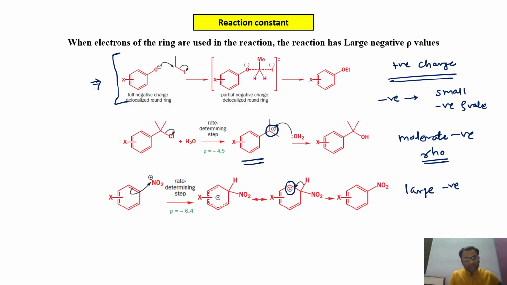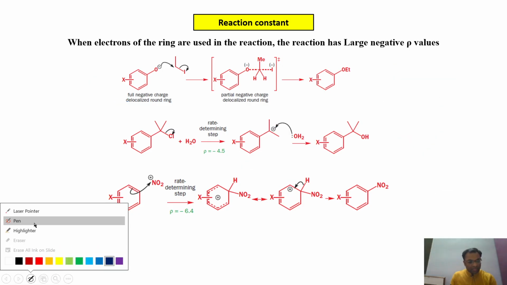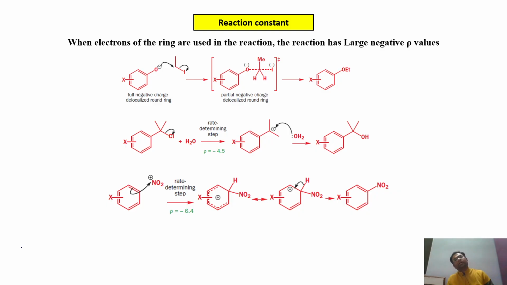Only the disappearance of negative charge is taking place, and that will always have a small rho value. So in this way we can categorize the reaction constant for a particular reaction as small, moderate, or large.